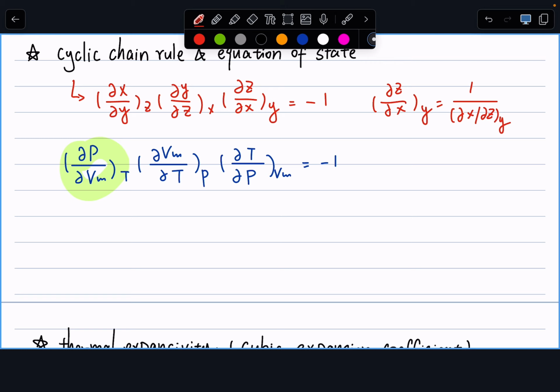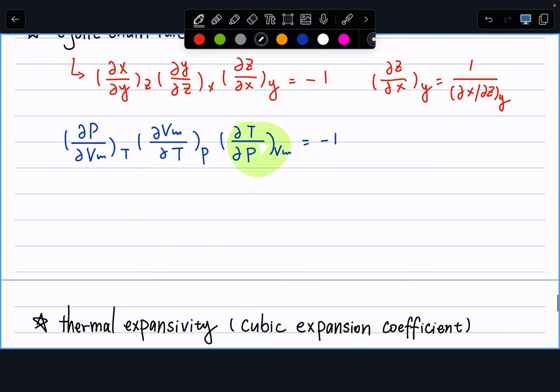Let's pick this one here, because it's a little bit harder to measure your change of pressure while keeping the volume constant. But you can pick any of it. The fact is, we can pick any pair, but I just picked this quite randomly. So next we're writing this out.